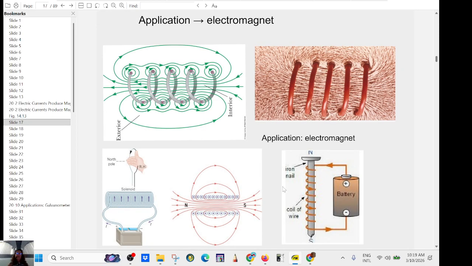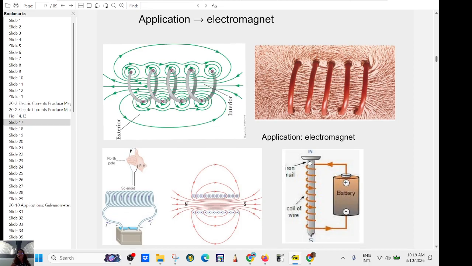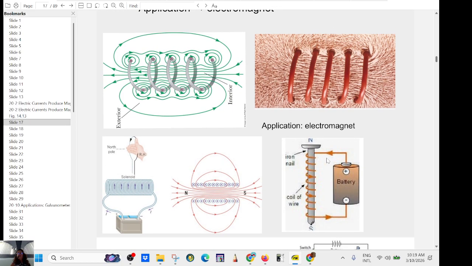Okay, application: an electromagnet. Here is a demo you can do for extra credit, very easy to do, but you need a nail made of iron. If it's another type of nail, it doesn't work; it has to be iron. Then you go around like this with a wire.